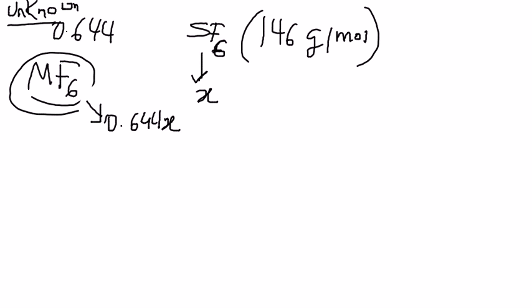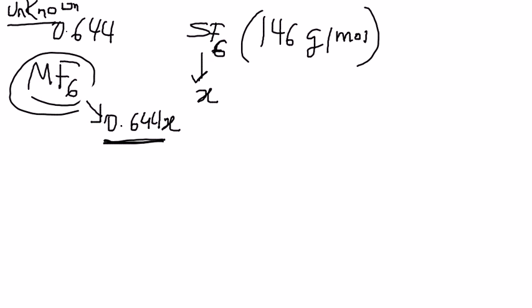That means that if, let's say, SF6 is going at a rate of 10 meters per second, then MF6 is going to go at 6.44. So you can perhaps envision that MF6 is a heavier gas, heavier than the sulfur hexafluoride.